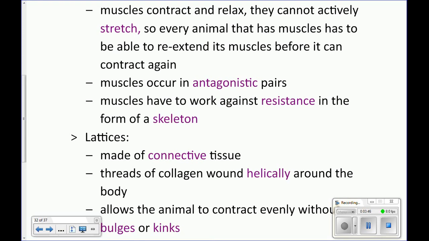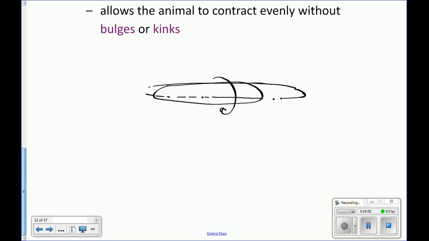When the circular muscles of a worm squeeze, they squeeze the fluid inside the coelom and elongate the body. When those circular muscles relax, they get stretched back out, allowing the worm to return to its original shape, by the contraction of the longitudinal muscles. I'll draw it in green.